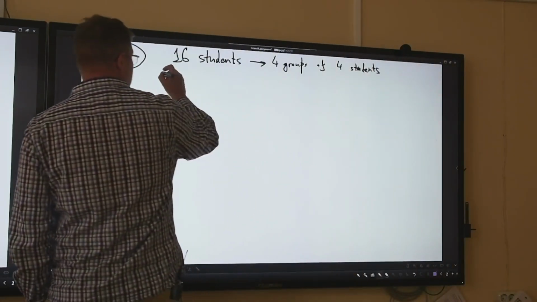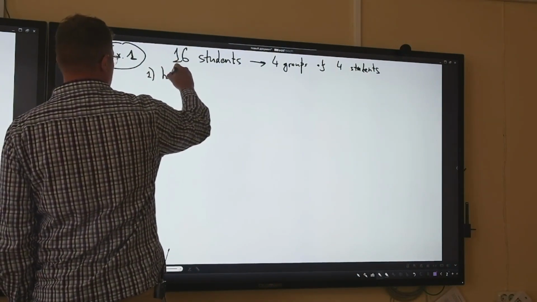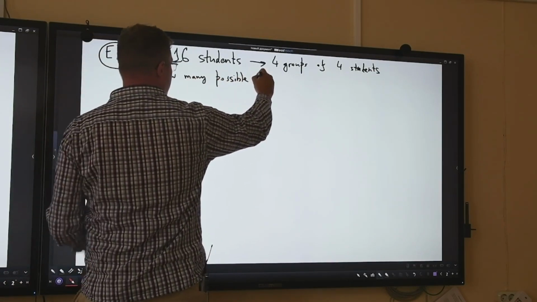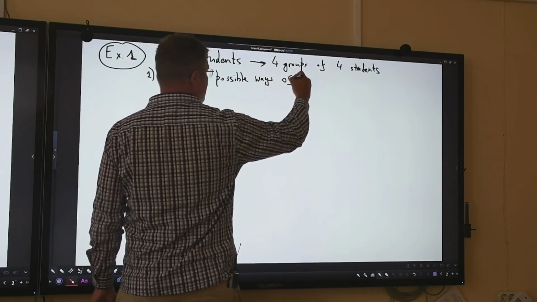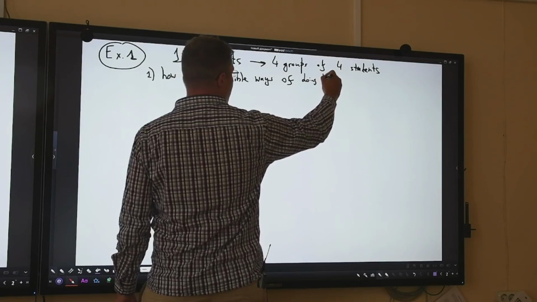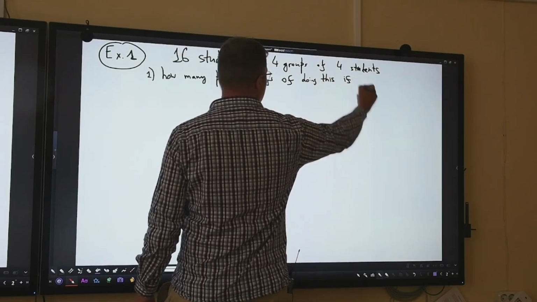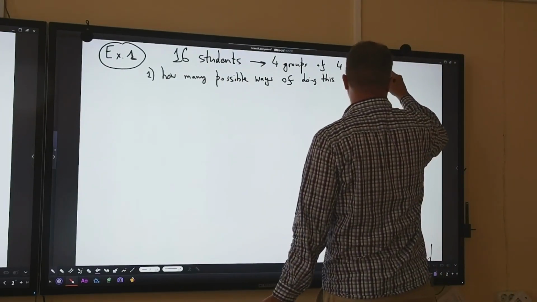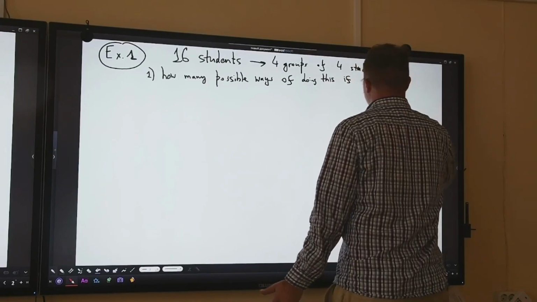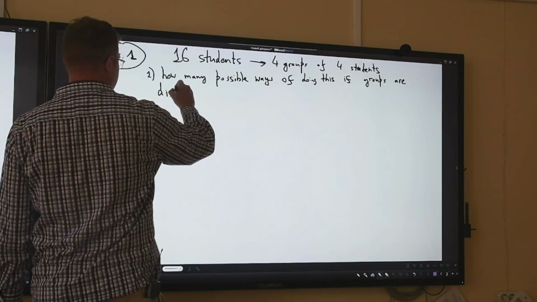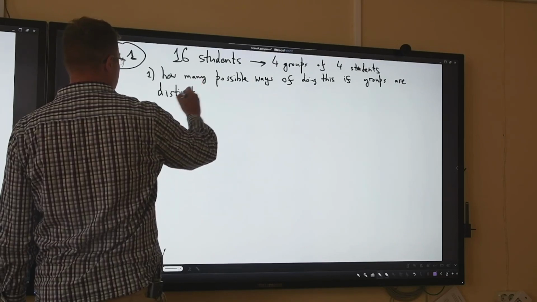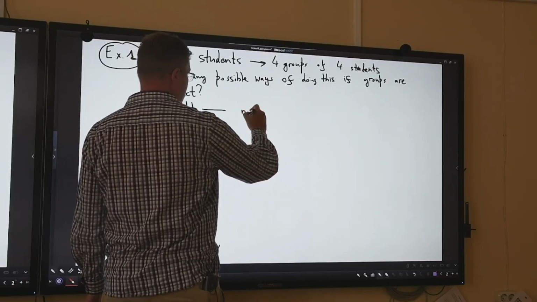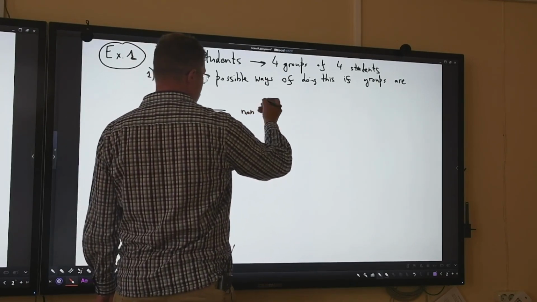So the first question, how many possible ways of doing this if the groups are distinguishable, and the second question, what is the answer if they are non-distinct.